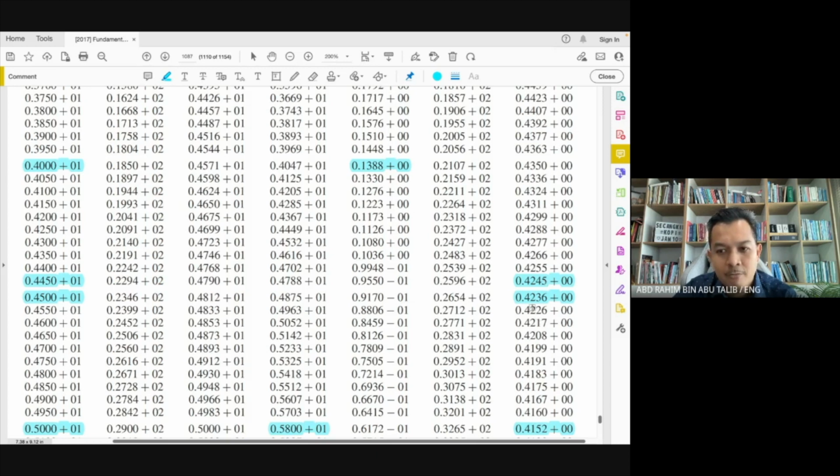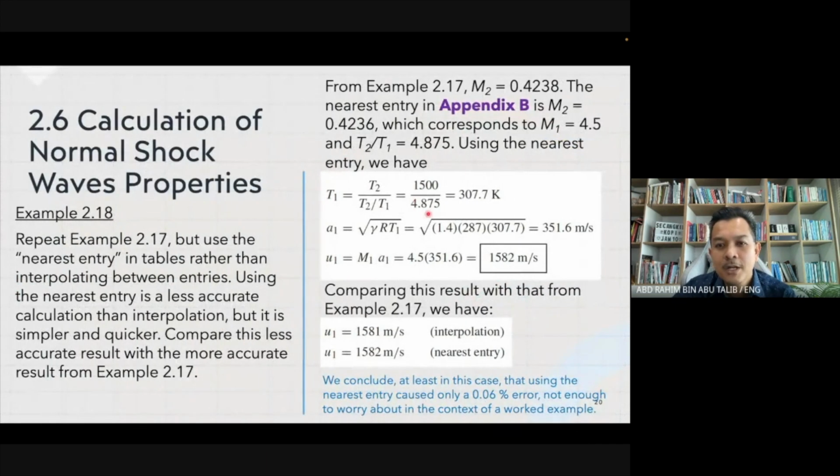So that's why we are using the 4236 value for M2, and we are using the corresponding M1 of 0.45 and the respective pressure and temperature ratio. Taking the temperature ratio at Mach number equal to 4.5, you get a temperature T1 equal to 307.7 Kelvin. You then get the speed of sound at 1 to become 351.6 meters per second.